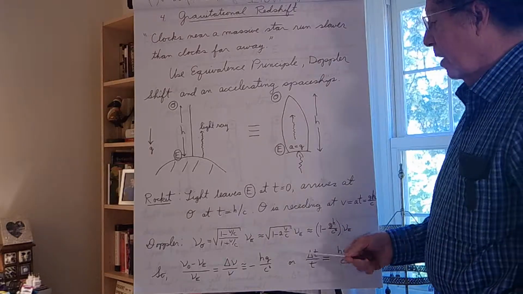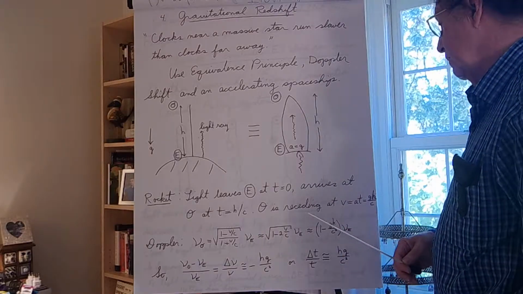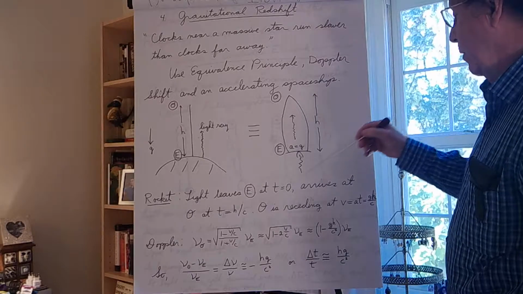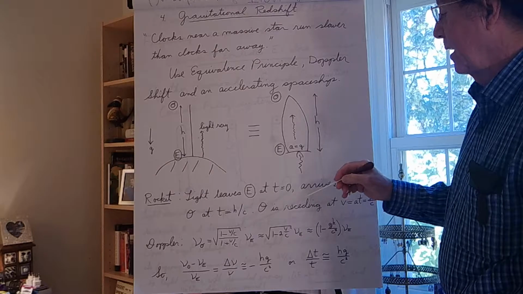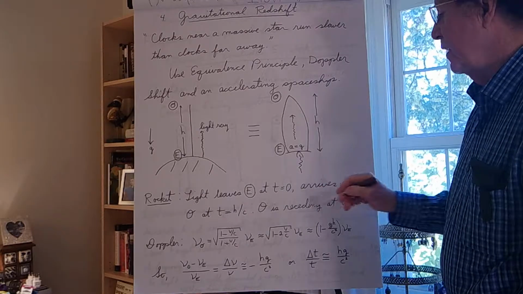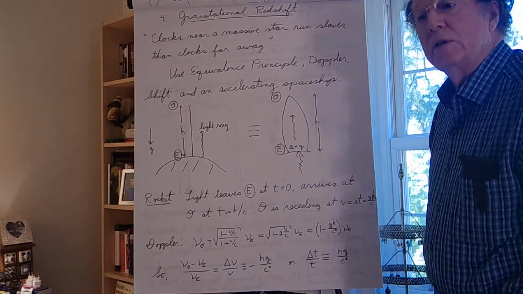So here's the general formula: it is a function of v over c. O is receding; it's running away from the light ray, and so we know that the Doppler shift is going to reduce the frequency.